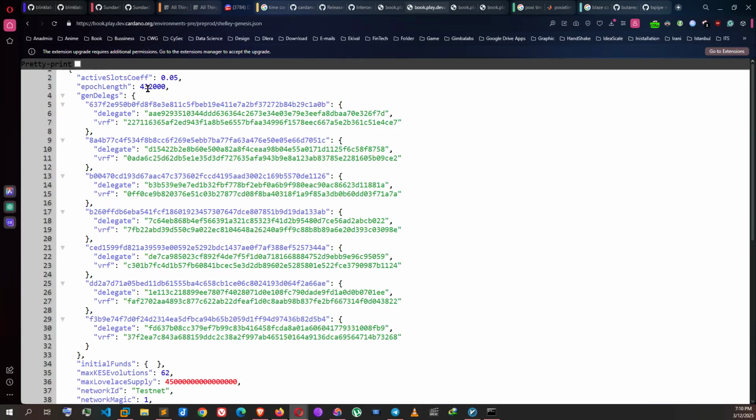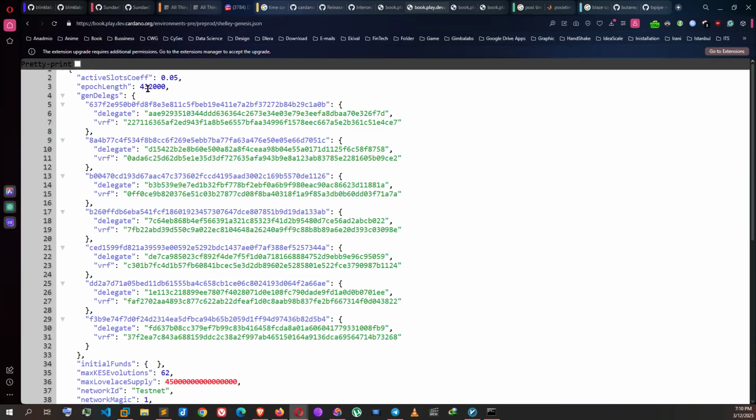For example, for a staking reward, you can send your ADA to whoever, to yourself, to someone, and it doesn't change your potential staking rewards.